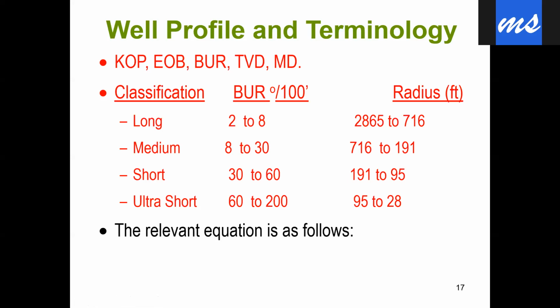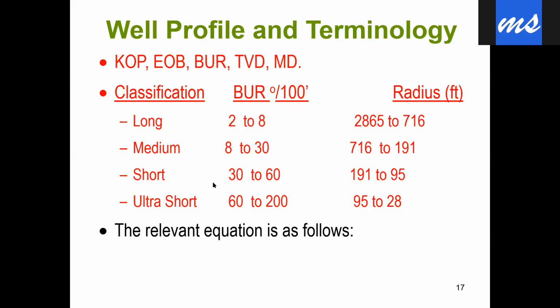For example, for a long radius, it is between 2,800 to 700 feet, and we need a build-up rate of 2 to 8 degrees per 100 feet. For medium radius, we need a build-up rate between 8 to 30, and we will get a radius between 700 to 200 almost.